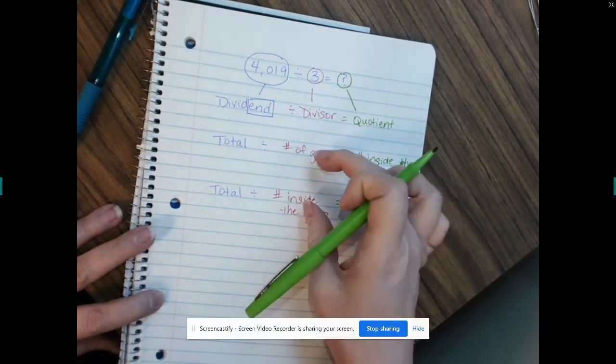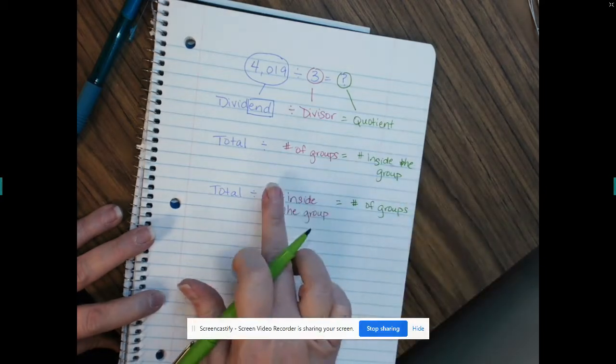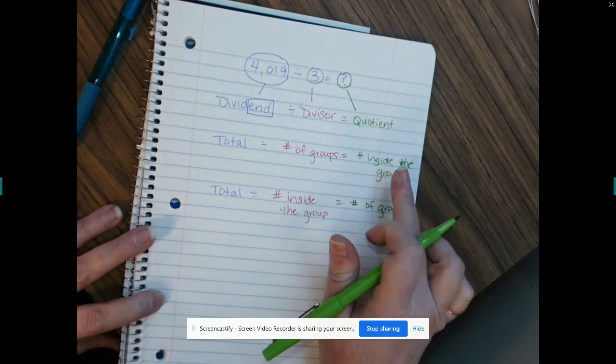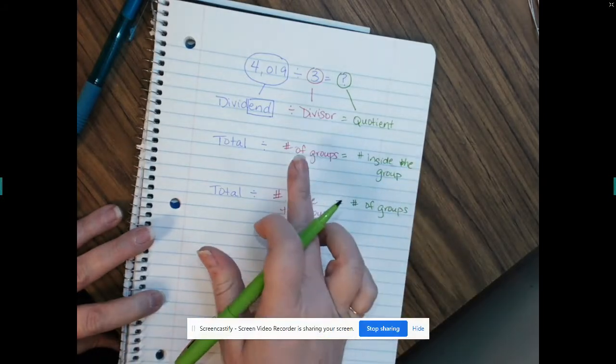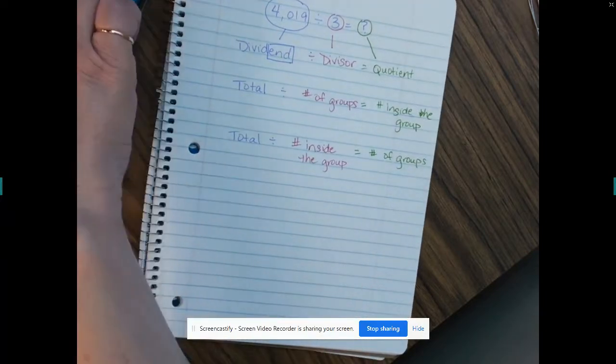Now, as you can see, these two things here are interchangeable. And so whichever one we have here, the quotient is the opposite. Now, this only matters when we're talking about word problems.